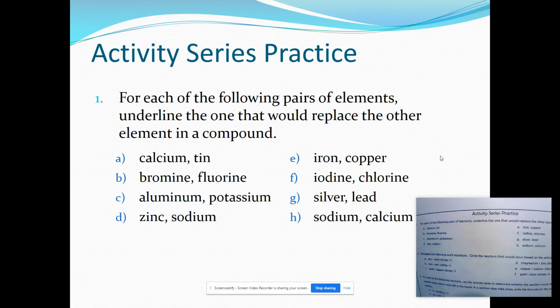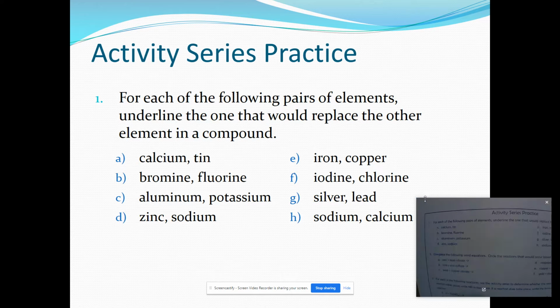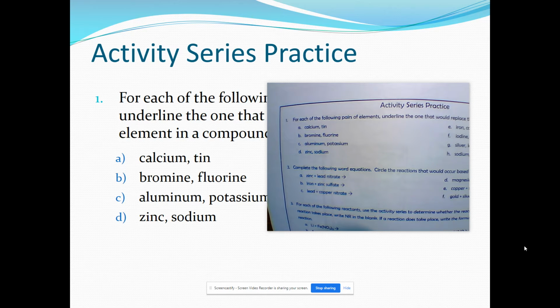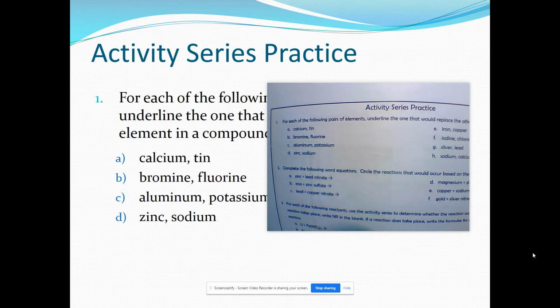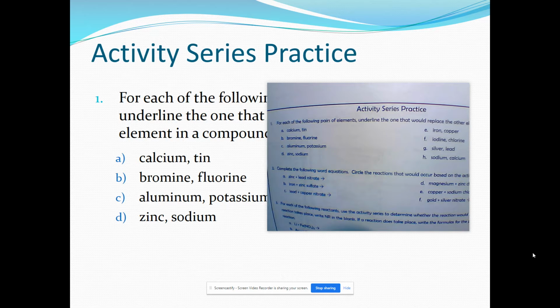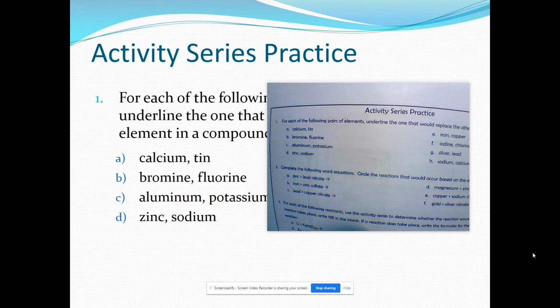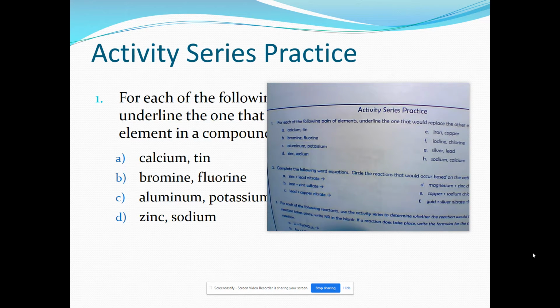So let's do a little bit of practice. Okay, so we're going to be using our activity series that you'll find in your notes and doing our little practice pages here. Okay, so we're going to just underline or circle, whatever, some way that you can mark which one is going to be more reactive. So which one would replace? So this first one says calcium and tin.